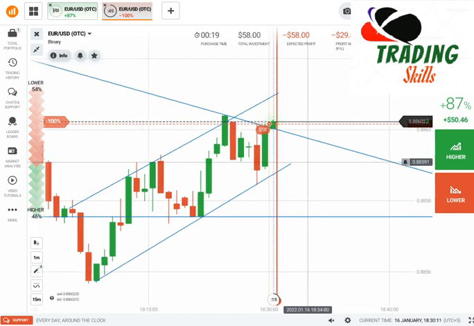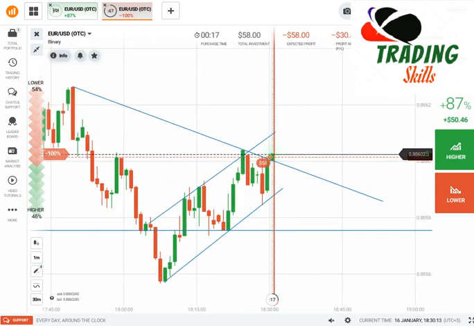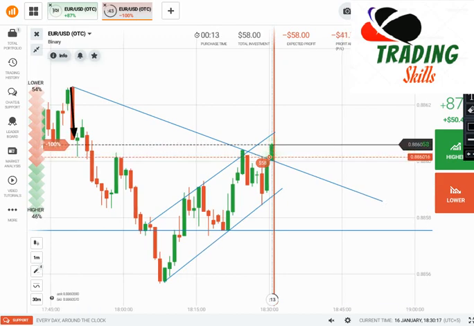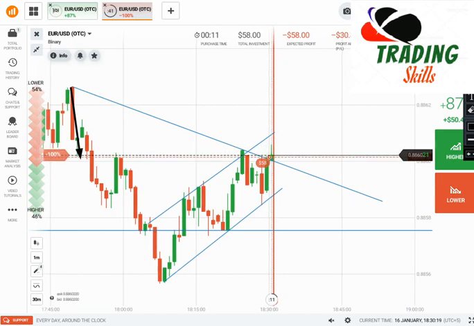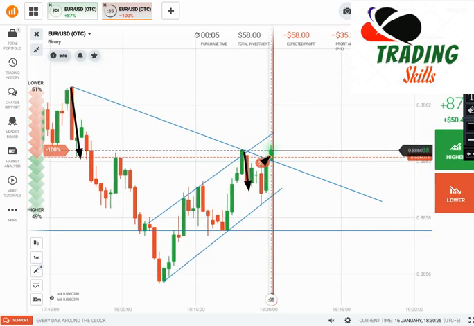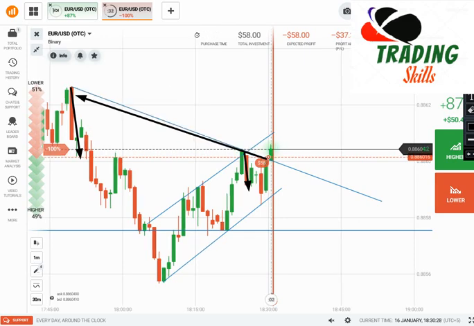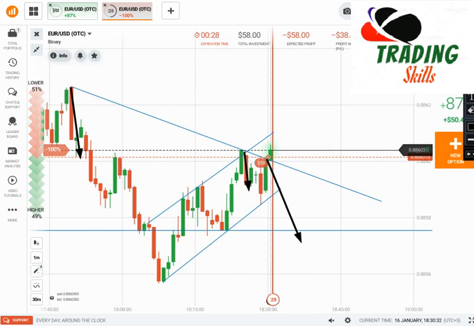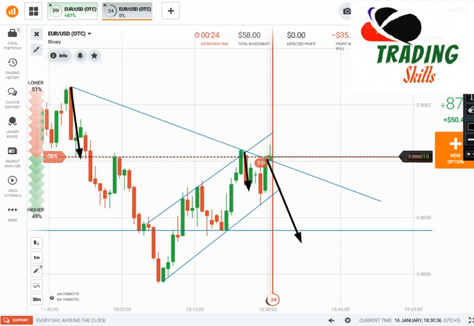I have already drawn the level here. Now you can see strong sellers entered again. Now the market is again at the level. So 2 confirmations are enough for you to go with the third one. So the market will again go down. There is no need to worry about this trade.